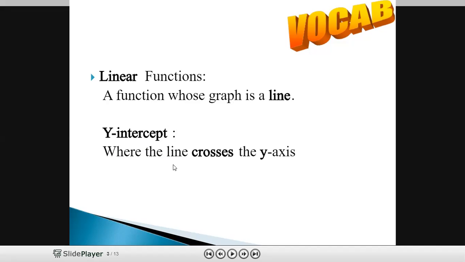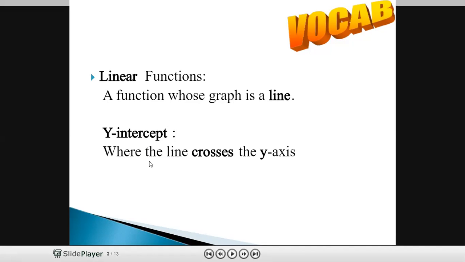If you want to say that this one is a linear function, then where does the line cross the y-axis? It should pass through the origin point.